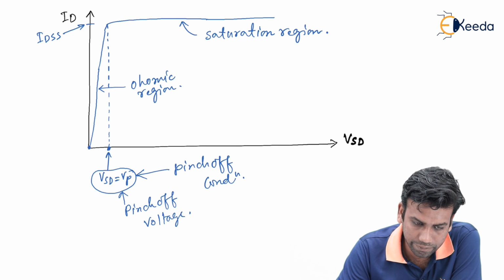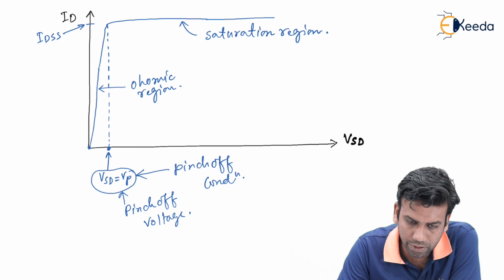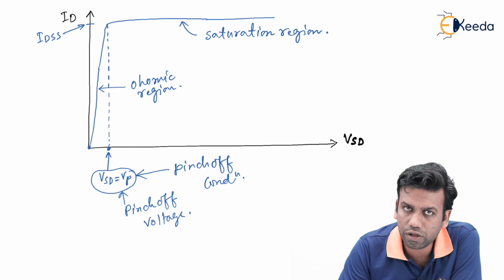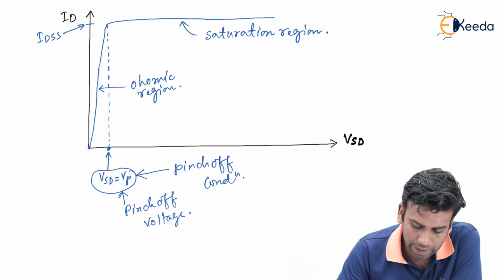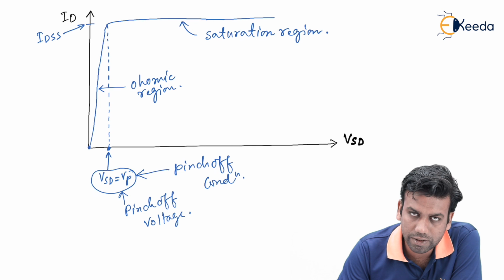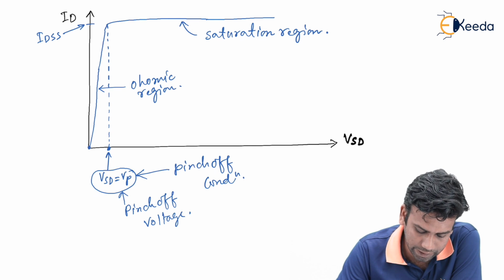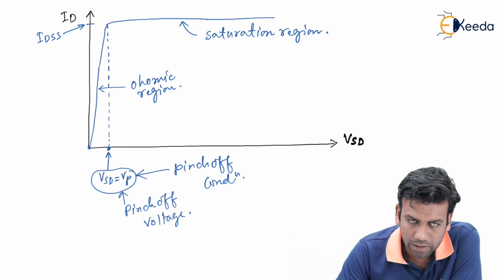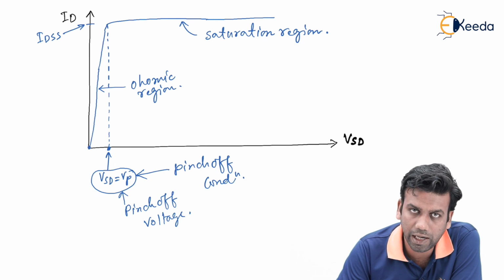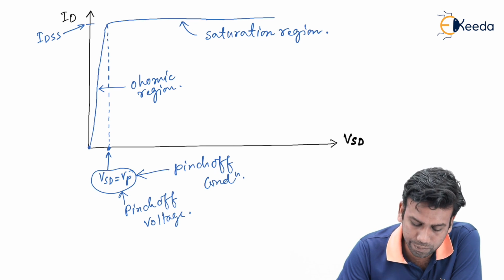This is the pinch off condition. Now important note is that the term pinch off suggests that ID will not drop to 0, ID will get constant or saturated to some value, but inside the channel cross section at the pinch off condition, the current density will be very high because the area is very small.